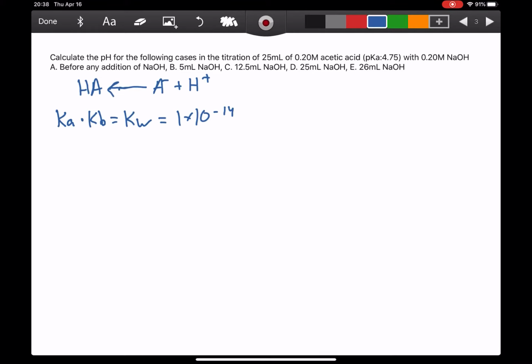So we can solve for Kb by rewriting this equation and taking Kw and dividing it by Ka. So Kw divided by Ka is equal to Kb, which is equal to 1 times 10 to the negative 14th, and our Ka that we figured out previously is 1.77 times 10 to the negative 5th.